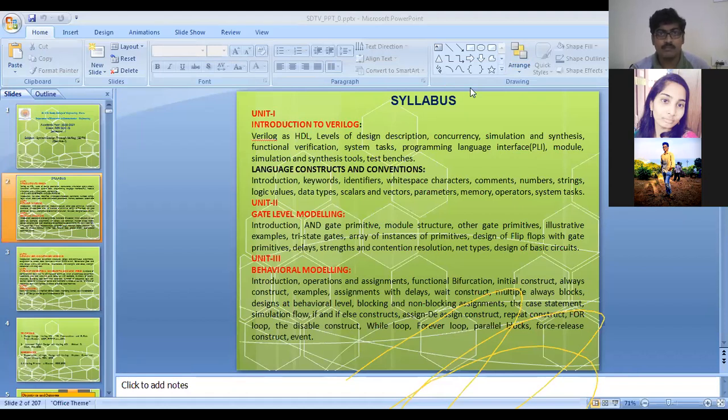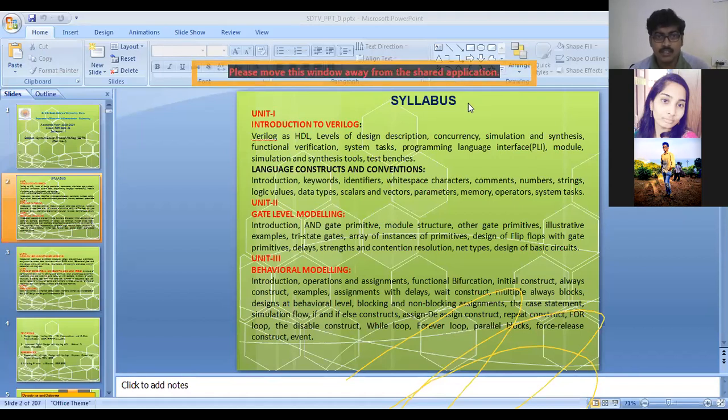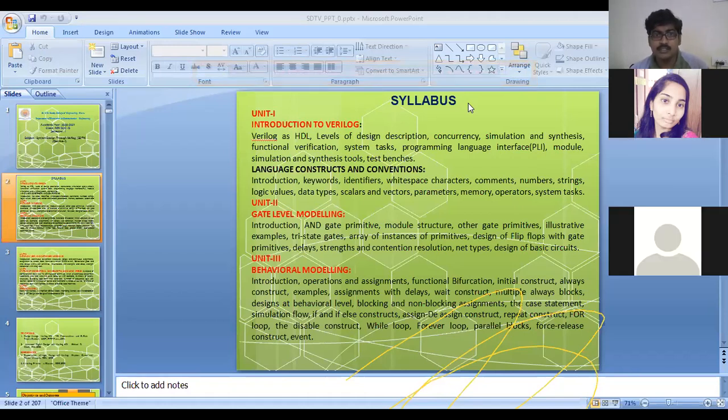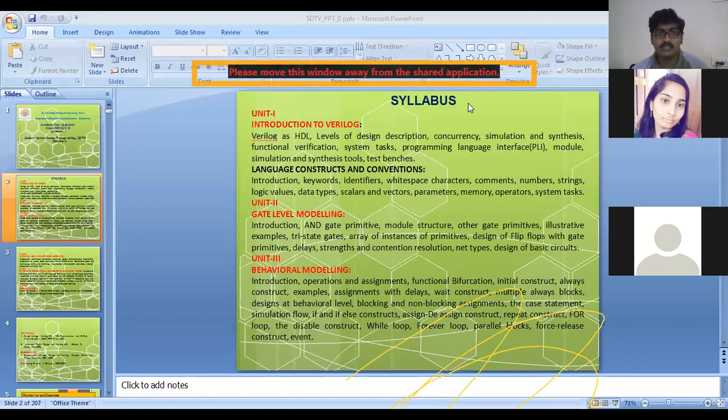We can also have an array of instances of primitives and design of flip-flops with gate primitives, and some delays, strengths and connection resolution, net types, and design of basic circuits in the second unit itself.